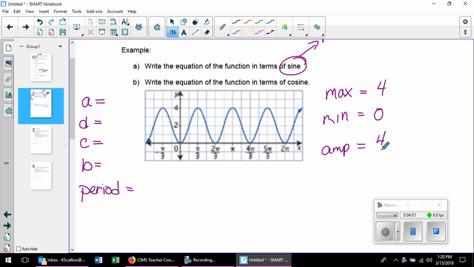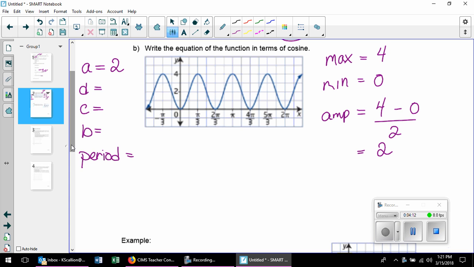So I'm going to take 4 minus 0 divided by 2, and my amplitude is 2. So I know my A value is 2. Now I'm going to find my median, which is my D value. So that's 4 plus 0 divided by 2, which also gives me 2.